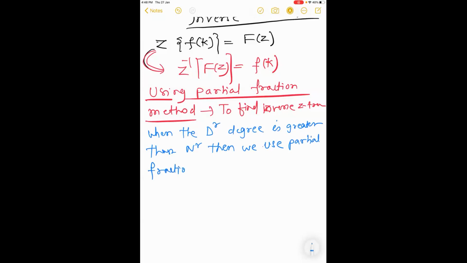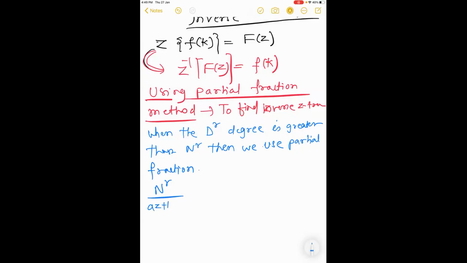So what is that partial fraction? I'll give you this example. Suppose there is some numerator, I'm writing R for the numerator, divided by the denominator term. As we are working in terms of z, I'll take it in that form only.